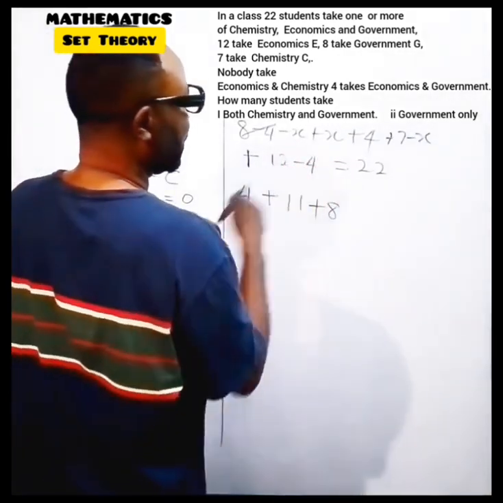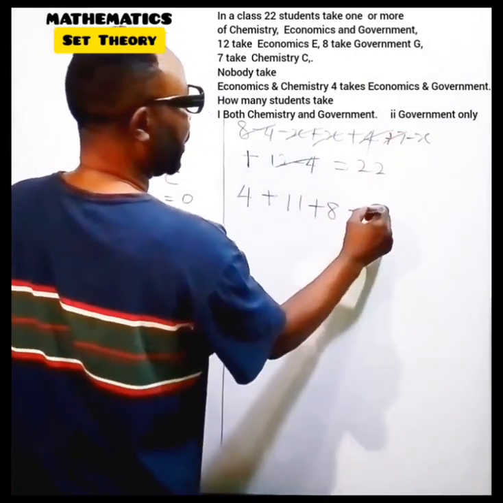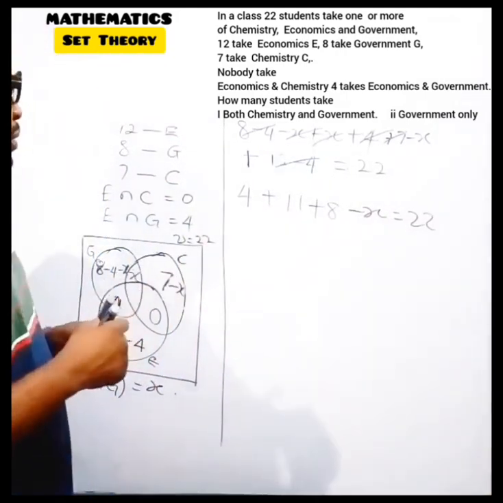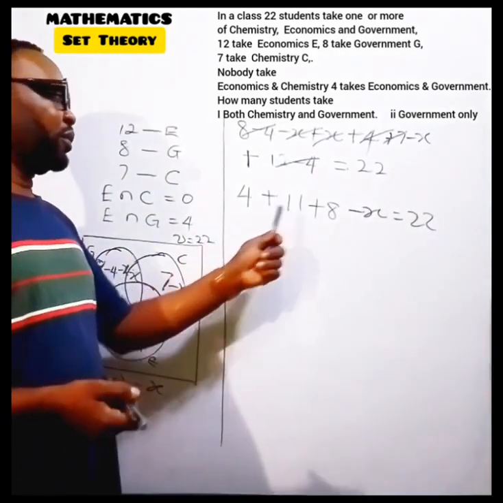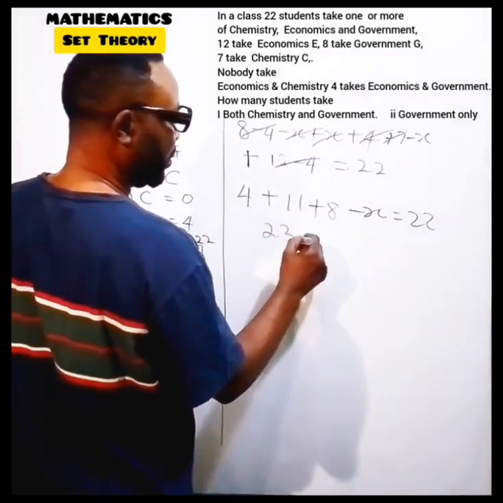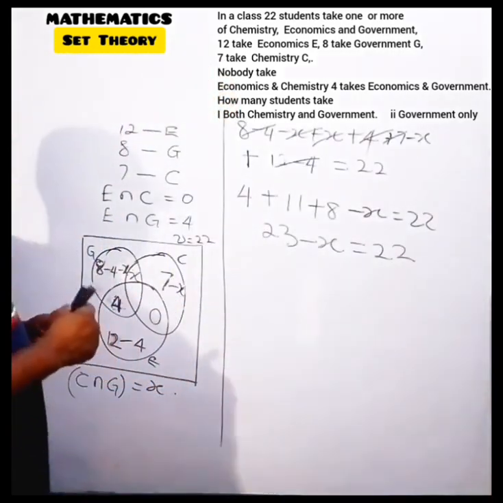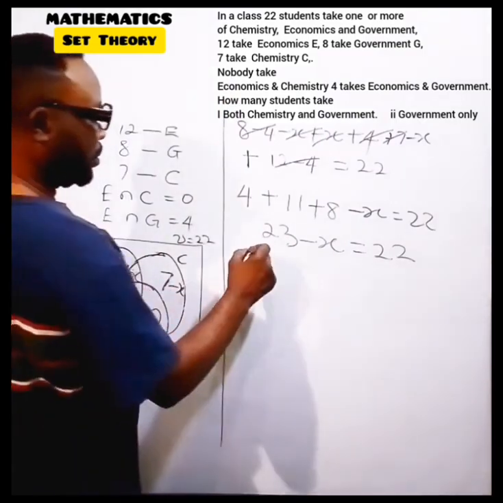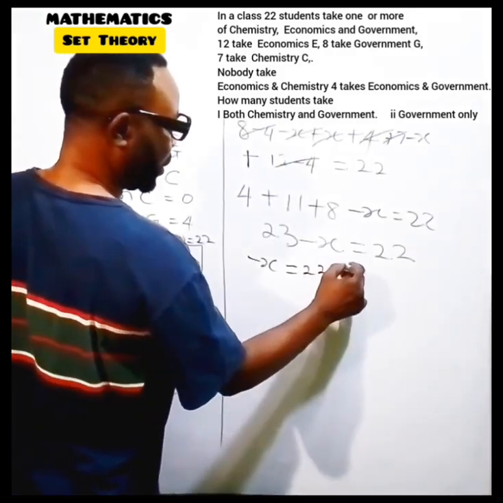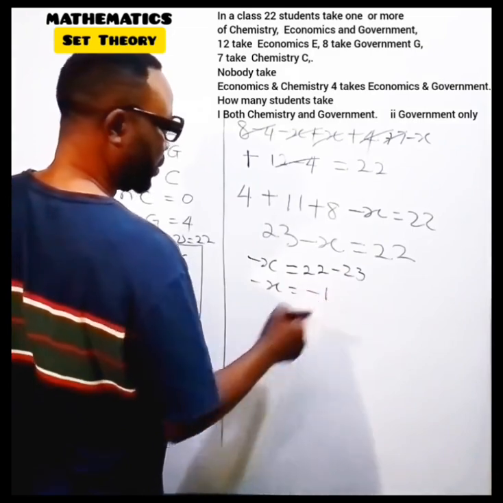Minus x plus x, this will cancel out. Minus x is equal to 22. So 4 plus 11 is 15, plus 8 is 23. 23 minus x is equal to 22, where minus x will be equal to 22 minus 23. Minus x is equal to minus 1.